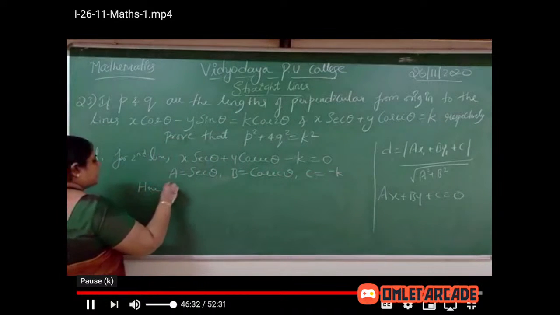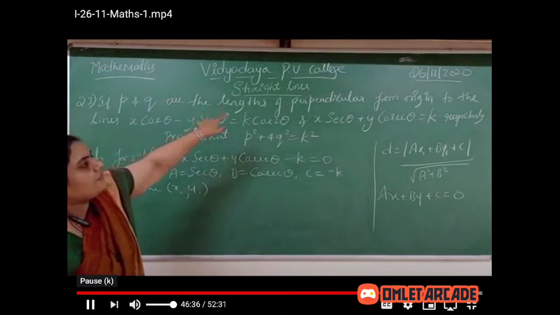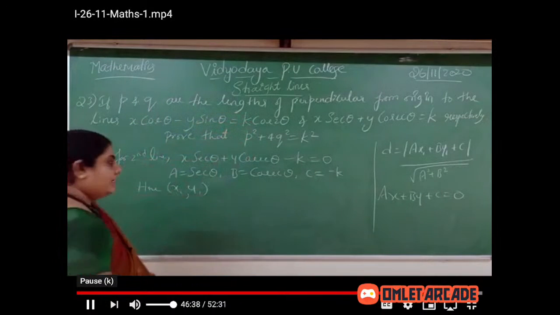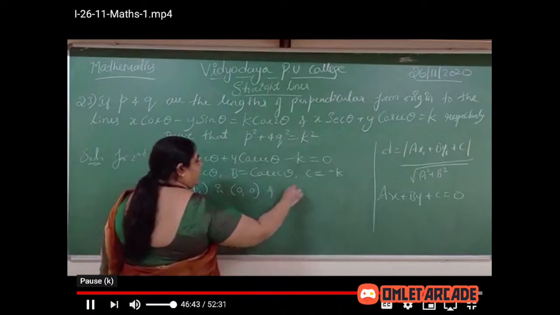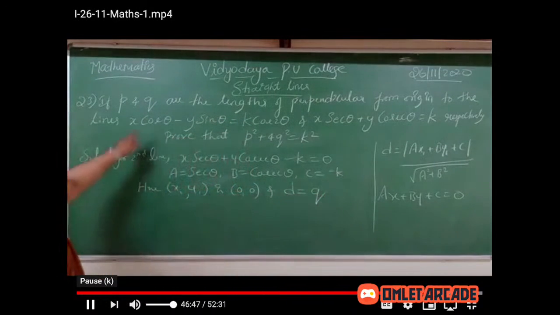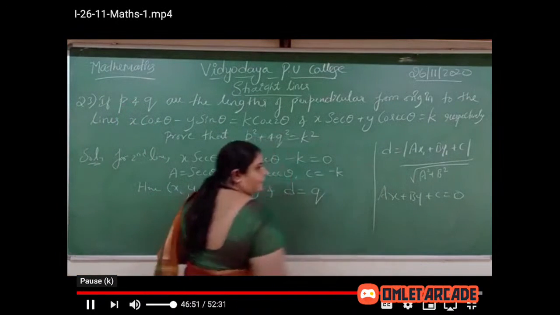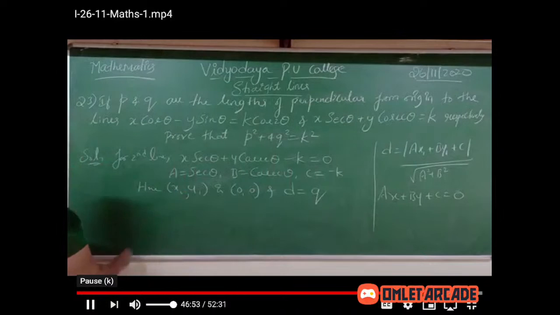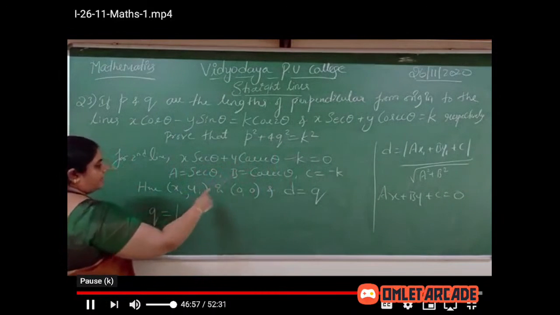Again, here x1, y1, because q is the length of perpendicular from origin to this line. So the point is what? Again, origin 0, 0, and here the distance is in the form of q. Q is the distance between them. Again, let me use the same formula. I am going to use it for the second line. So what do you get? Q is equal to mod of ax1.